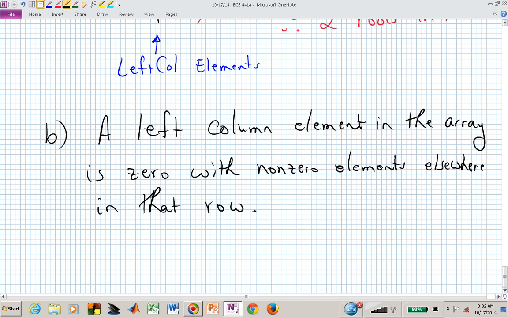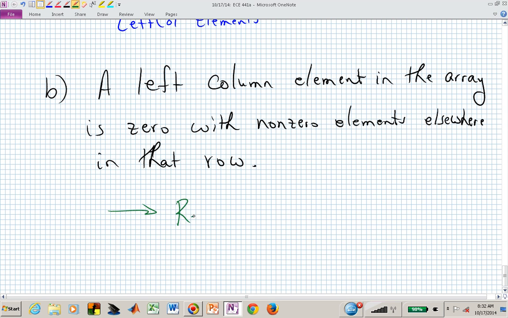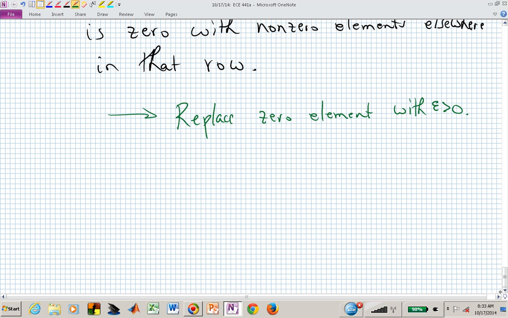And what we do is we replace that 0 element in the left column with an epsilon, and then use that epsilon. Now we have a variable epsilon in the remainder of our construction of the Routh array. We replace the 0 element with a positive epsilon.